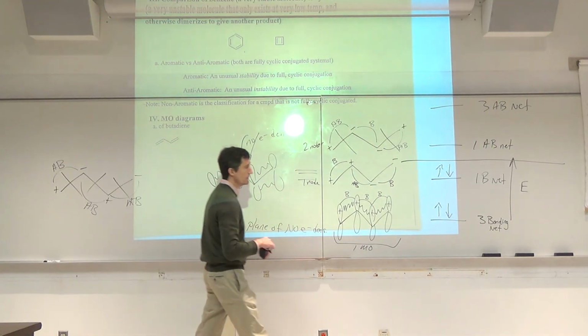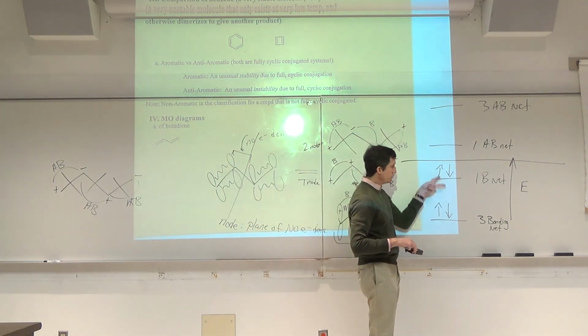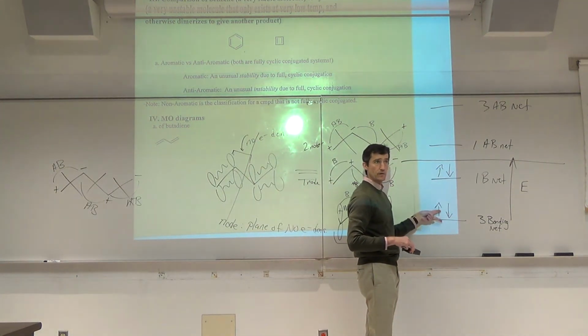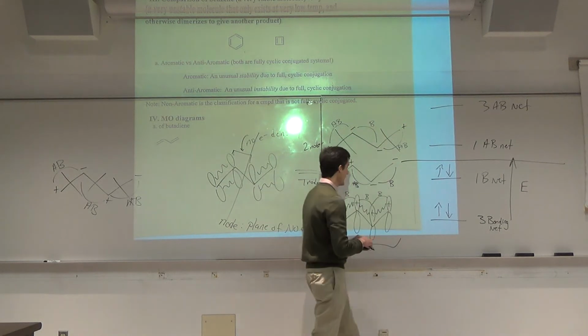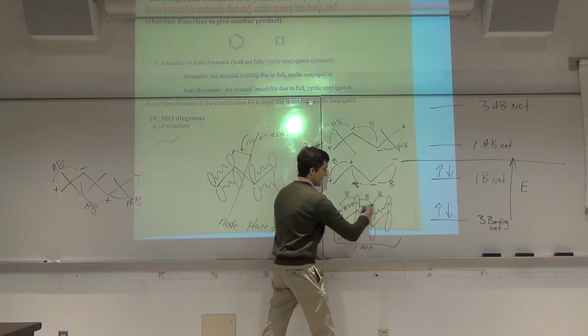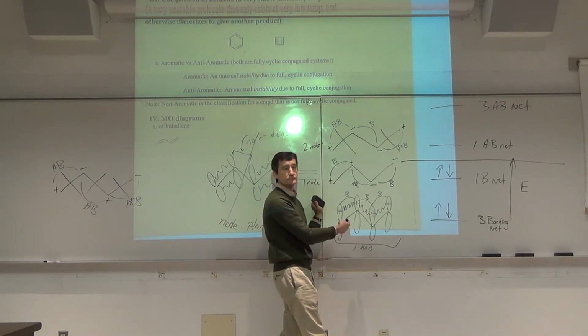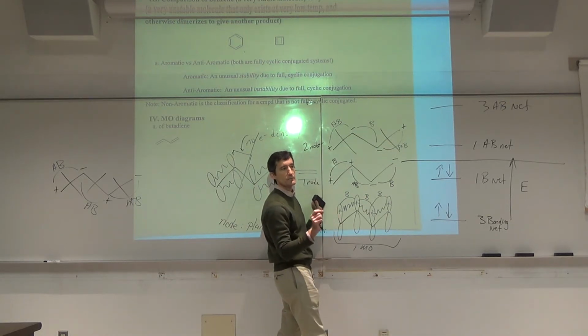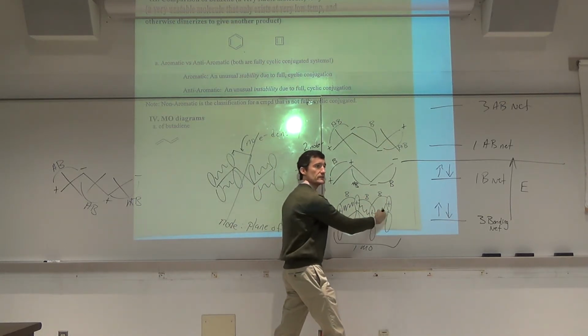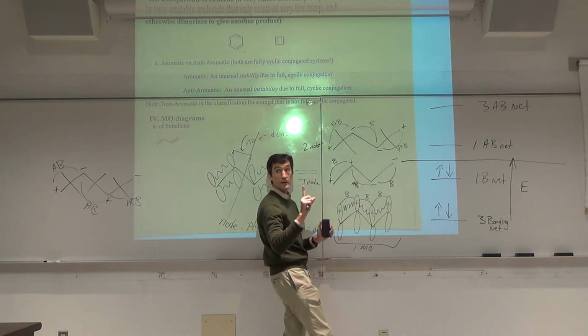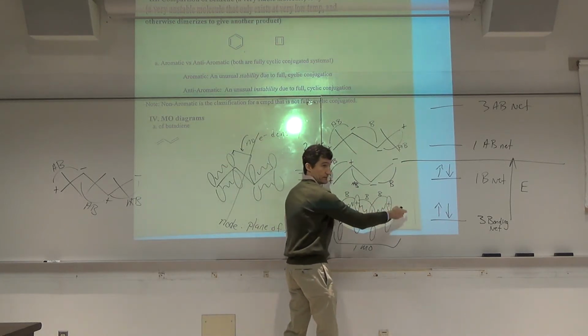What does it tell us? Your 2 bonding molecular orbitals each have 2 electrons. That means there's 2 electrons spread out in here. But you say, hold on, there's 4 orbitals. See, that's where you've got to remember. This is no longer 4 discrete orbitals. It's now 1 molecular orbital that just looks like this.